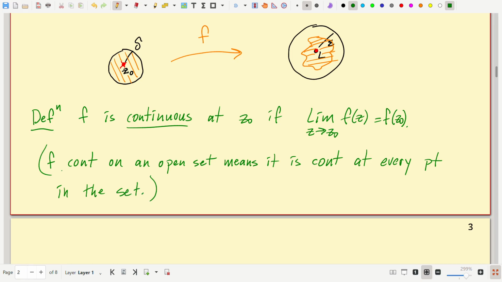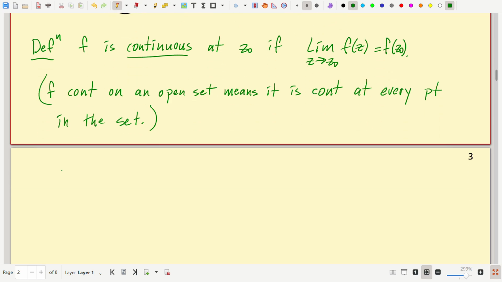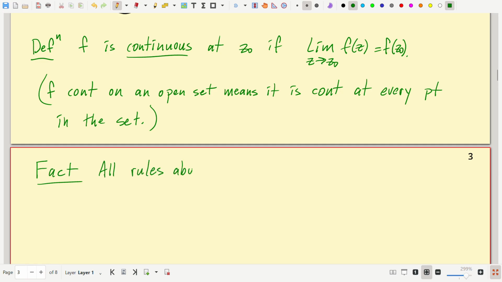Okay, well, this observation that the symbols on the paper look exactly like the symbols in your freshman calculus book leads to a simple fact. All the theorems you learned about limits in freshman calculus, so all the rules about limits from freshman calculus, go over to the complex case.